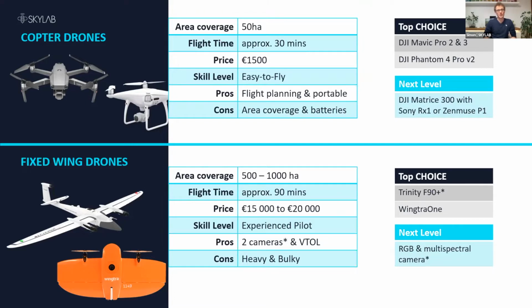Copter drones have quadcopters or 6 rotors, and you can control the speed of the flight really easily, but they have no lift. So it's very inefficient because the rotors have to spin all the time. You get a flight time of approximately 30 minutes, but you can only cover approximately 50 hectares with that. It depends on your flight height.